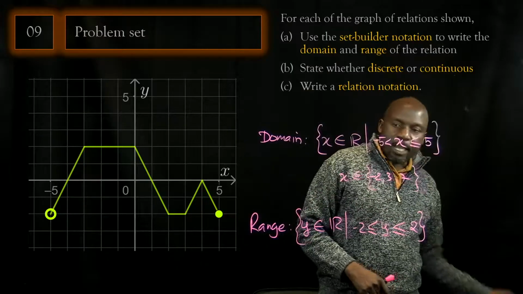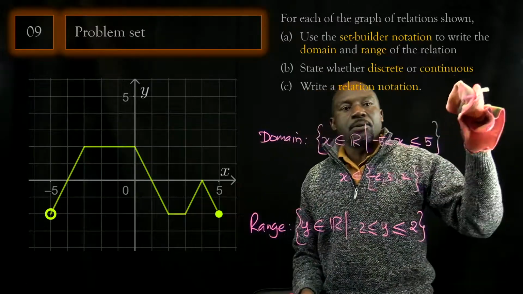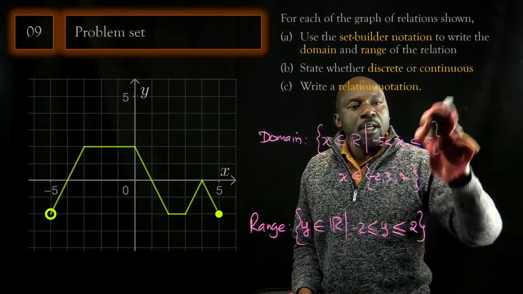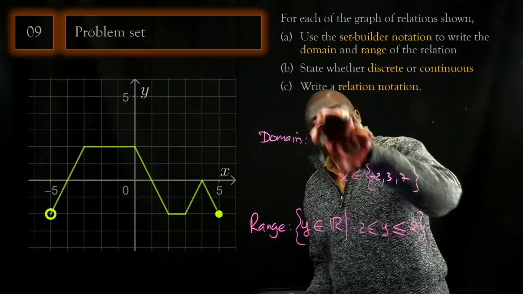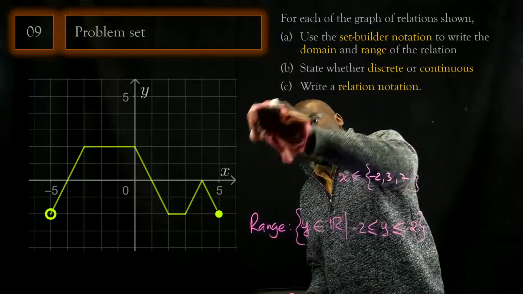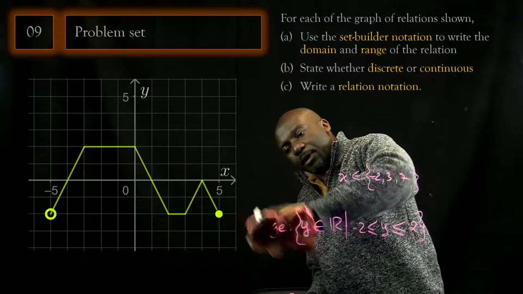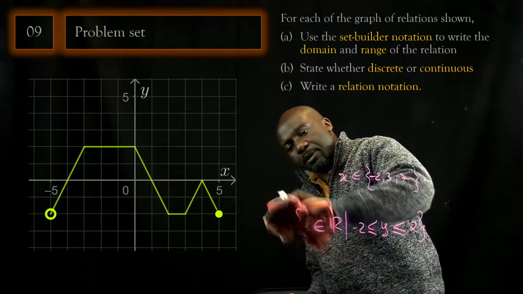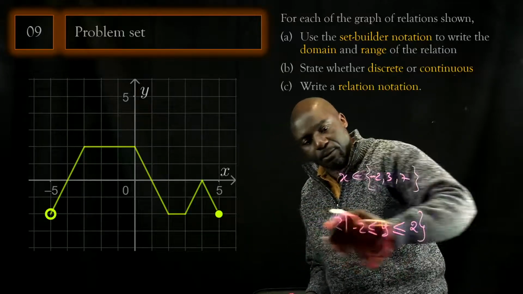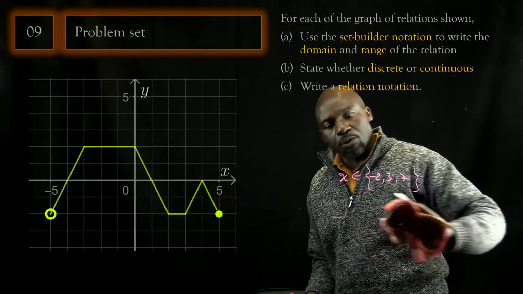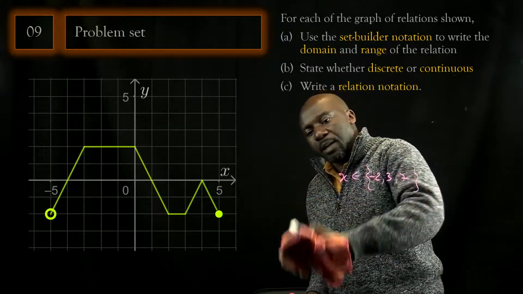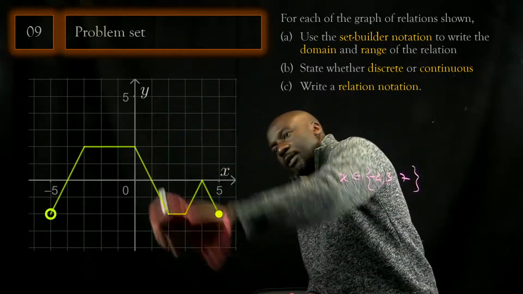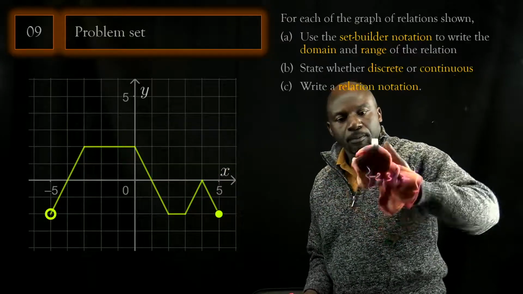The next bit is for us to write the relation notation. Now, this calls for a bit of our understanding of gradients of lines, straight line graphs. Because what you see there are straight line graphs, and we need the law or the rules for each part of the line.